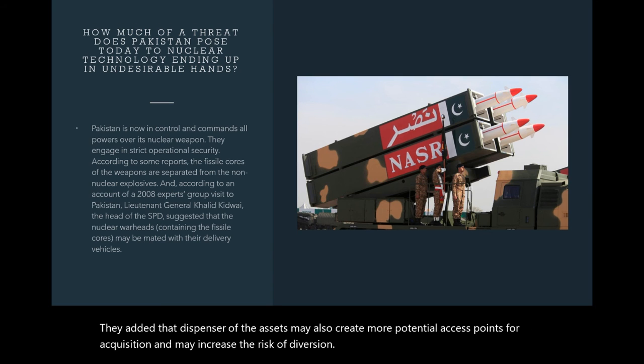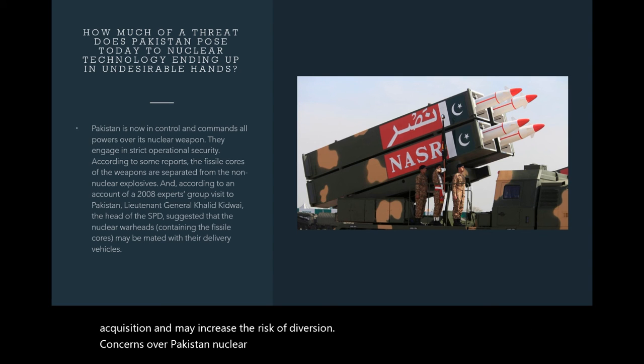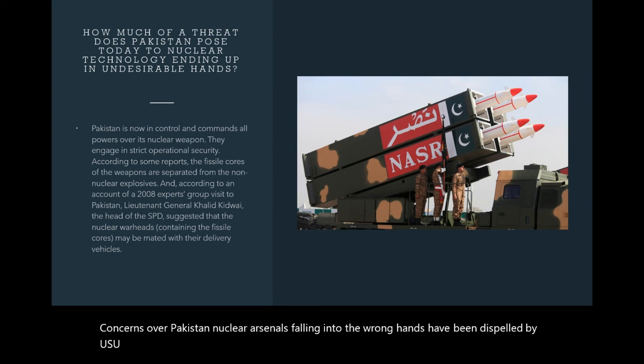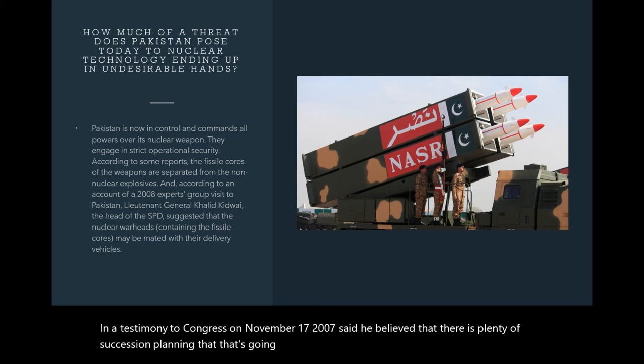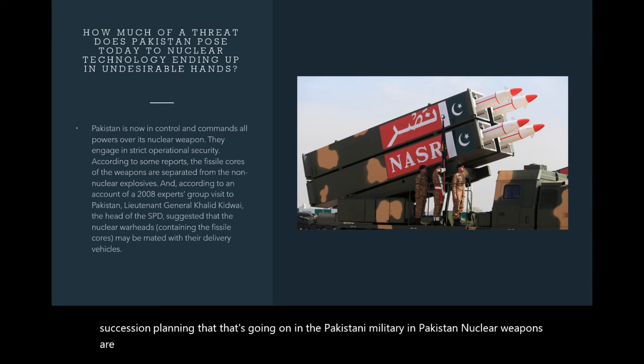Concerns over Pakistan's nuclear arsenal falling into the wrong hands have been dispelled by US and intelligence organizations around the world. Deputy Secretary of State John D. Negroponte, in testimony to Congress in November 2007, said he believed that there is plenty of succession planning going on in the Pakistani military, and Pakistan's nuclear weapons are under effective technical control.